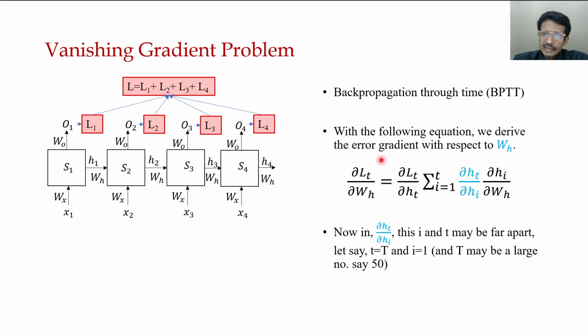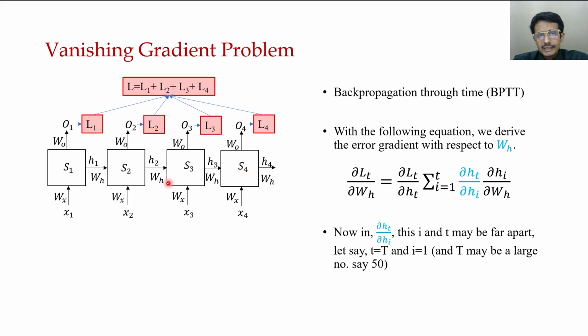The equation we have, I think we remember from the last lecture, was del L_t over del W_h. This is the error gradient of this error with respect to W_h.